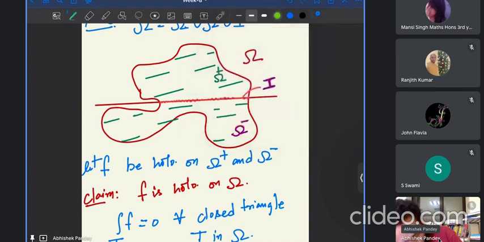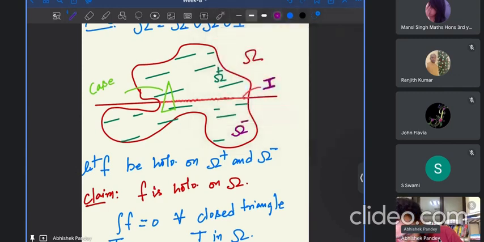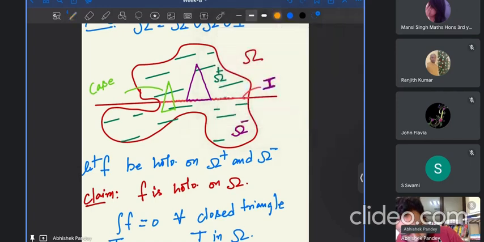This is one case, something like this is another case, and something like one touching point on this one.